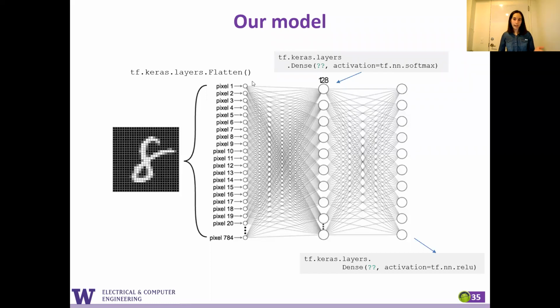It's called Flatten because we are basically putting all the pixel values in an array. Then we use a dense layer. Dense layer means that we are connecting every input to all of the neurons here. So for example, pixel 1 is connected to every single one of the 128.